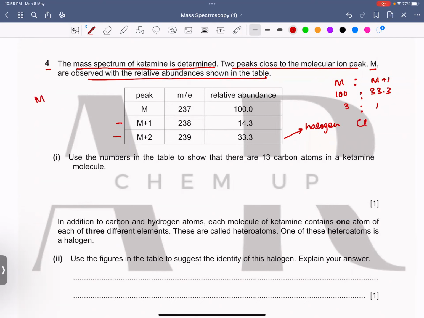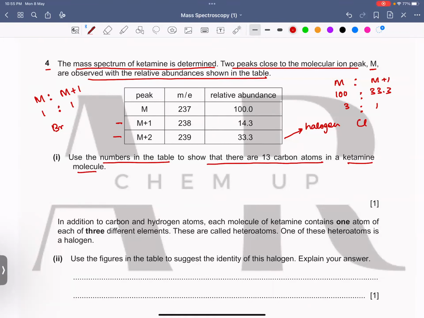But if the ratio were 1:1, then it would be bromine. Okay. Now, in the first part, they are asking to use the numbers in the table to show that there are 13 carbon atoms in a ketamine molecule.